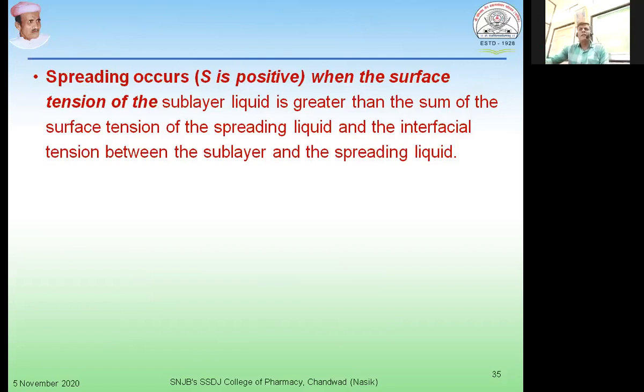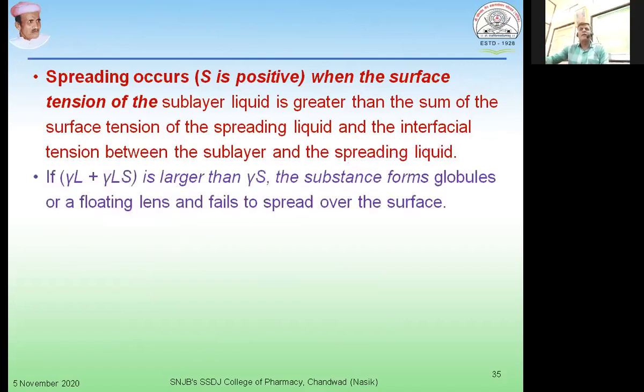interfacial tension between sublayer and spreading liquid. If YL plus YLS is larger than the surface tension of the sublayer liquid, the substance forms globules or floating lenses and fails to spread over the surface.